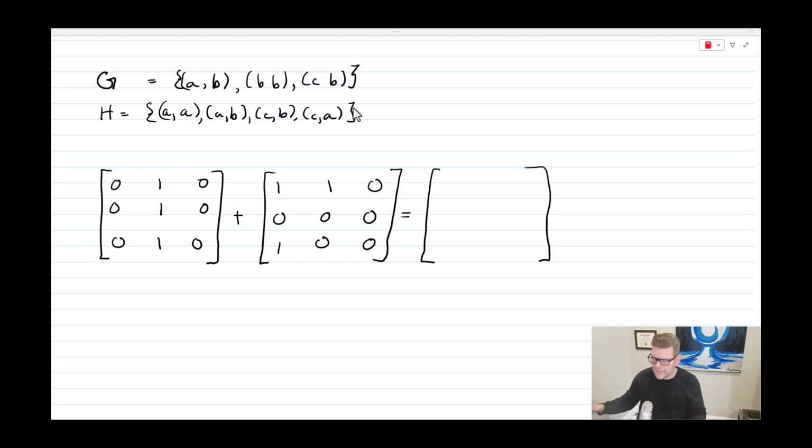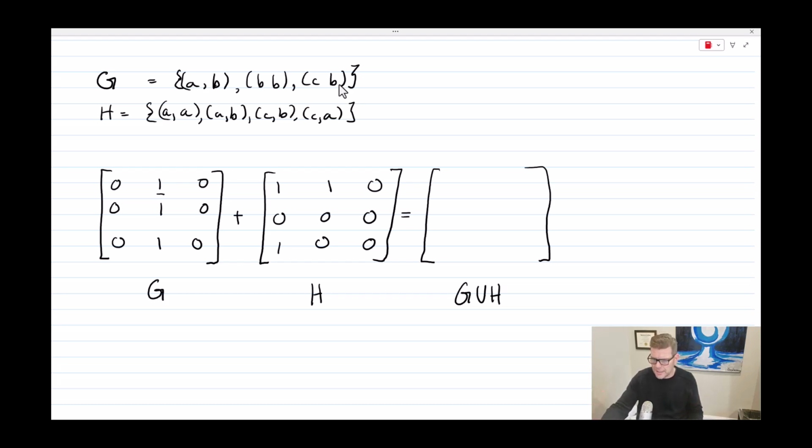And so let's say, for example, we have G here and we have H, and this is the matrix corresponding to G, and this is the matrix corresponding to H, and we have G union H. Now, if we have an edge inside of one of the sets, for example, in this case, if we have AB, we only need AB to be in one of the sets to have it be in the union. That's how the sets work.